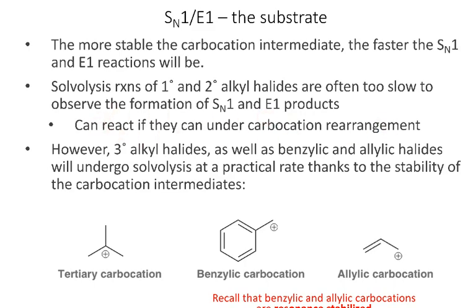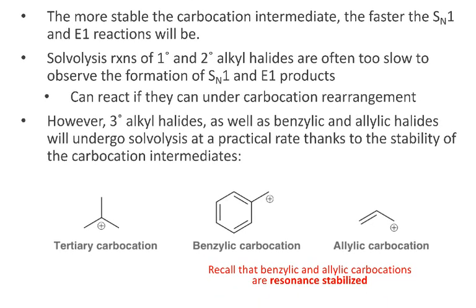But in general, it's tertiary alkyl halides as well as benzylic or allylic halides that are going to be most likely to react in SN1 and E1 reactions, because while these are primary carbocations, we're going to be able to draw resonance structures which stabilize these and allow us to spread that positive charge around the molecule. So the substrates that are most favorable for SN1 and E1 reactions are those that lead to tertiary carbocations or carbocations that can be stabilized by resonance.